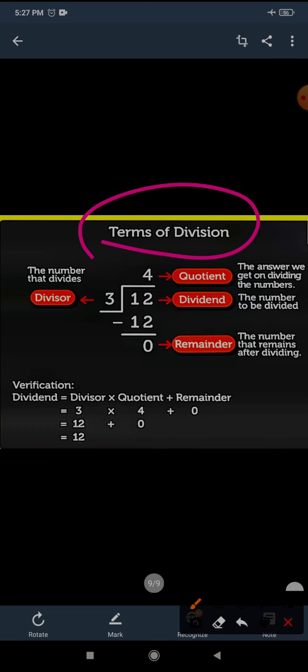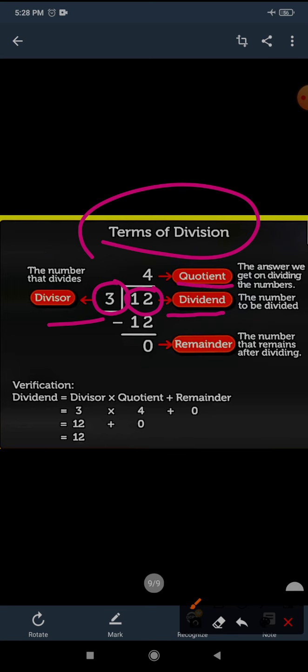First it is dividend. What is dividend? The number to be divided. So here 12 is the dividend, because this is 12 that is to be divided. What is divisor? The number that divides. So in this division, 3 is the divisor, the number that divides. 3 is dividing 12, so 3 is the divisor.